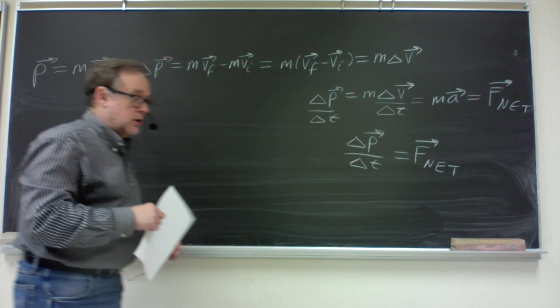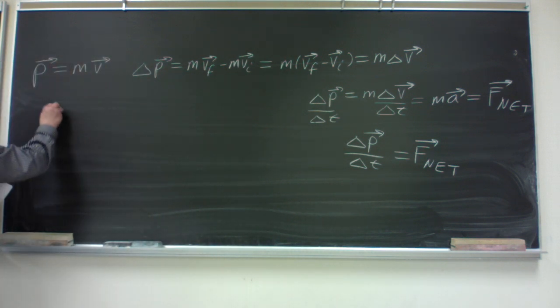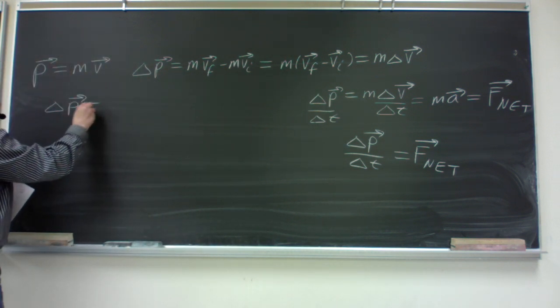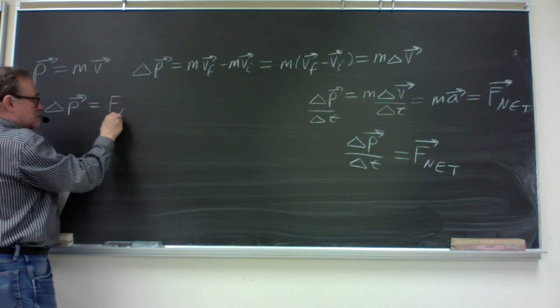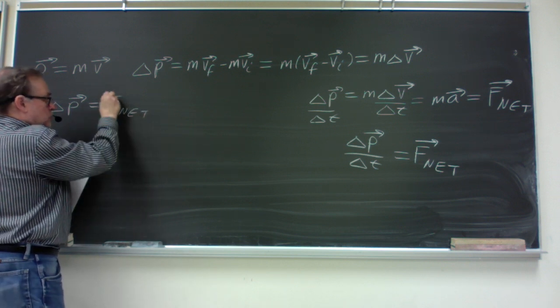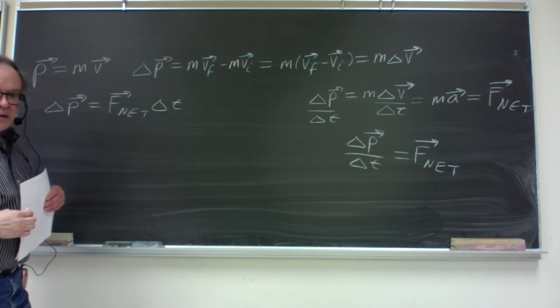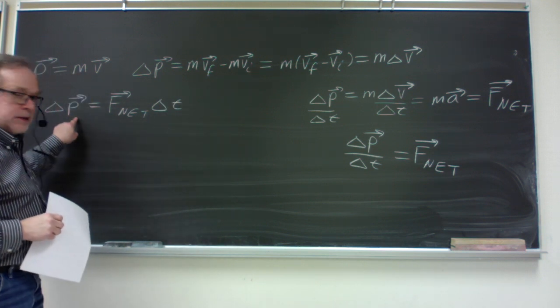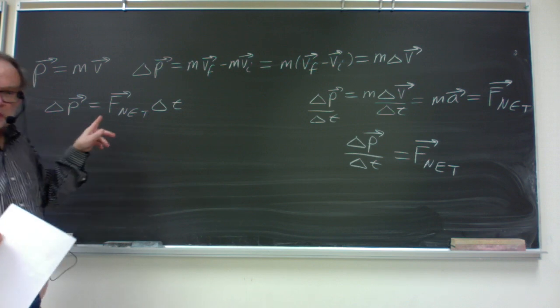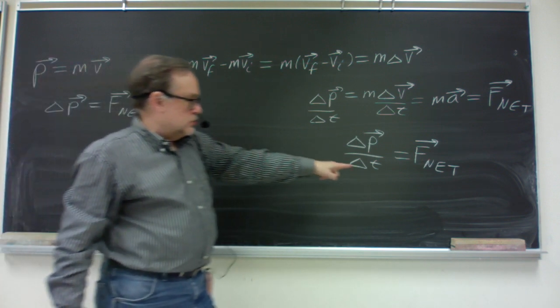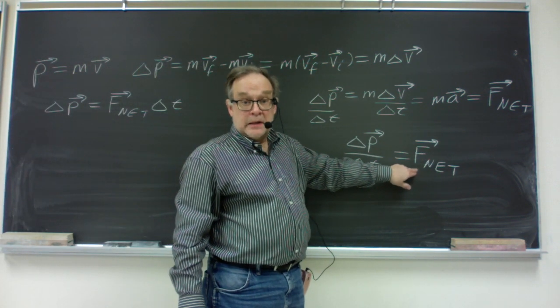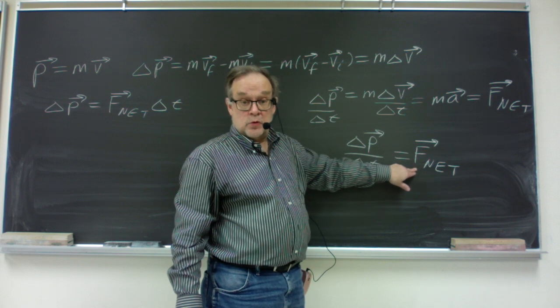So we've got now change in momentum equals net force on the object times the length of time it took to make that momentum change. But of course, that momentum change happened because this net force was acting.